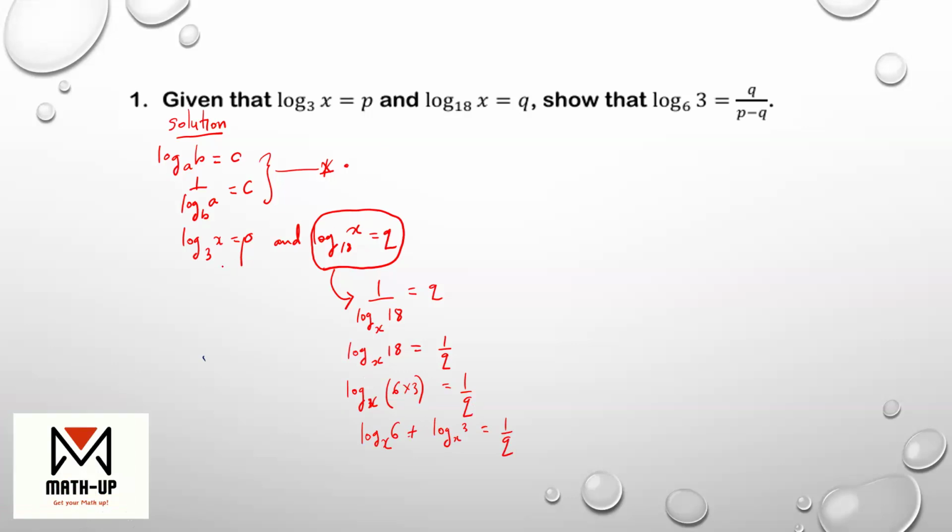And still, we can have this as the log of 3 to the base x is equal to 1 over p.